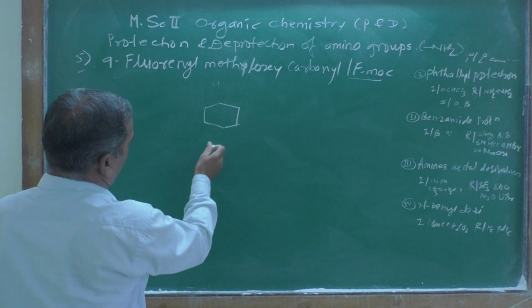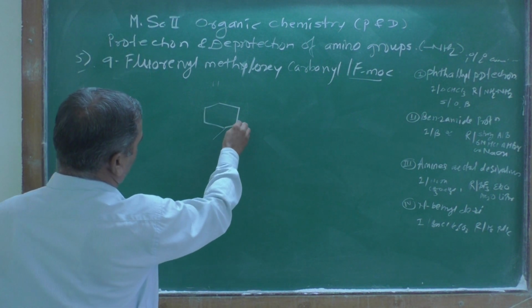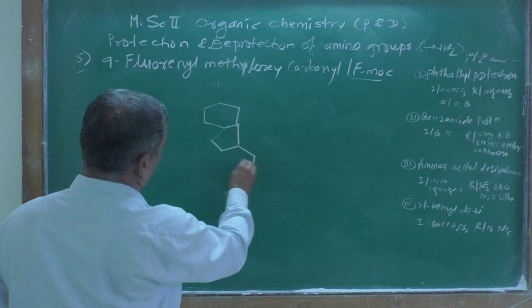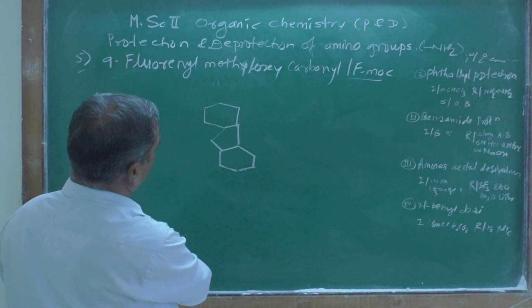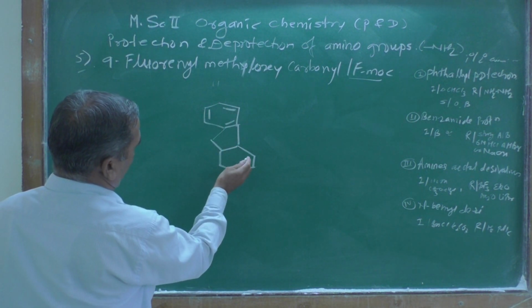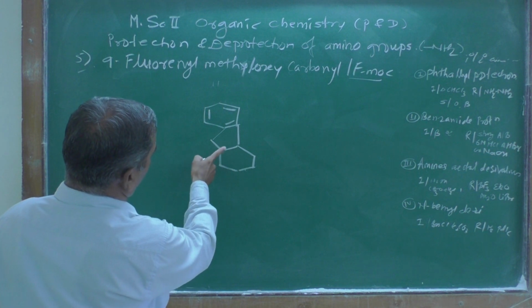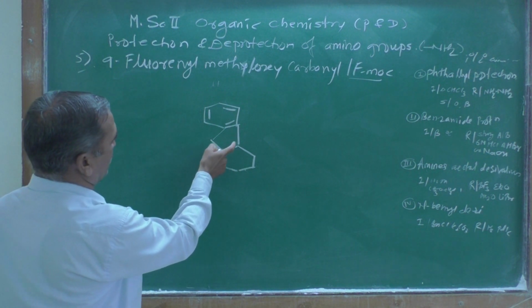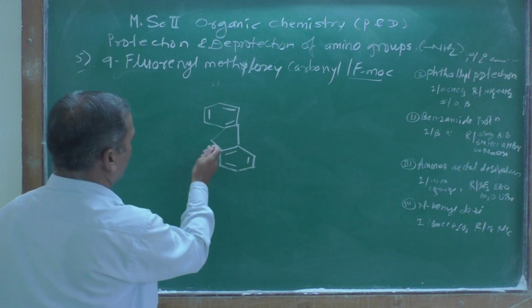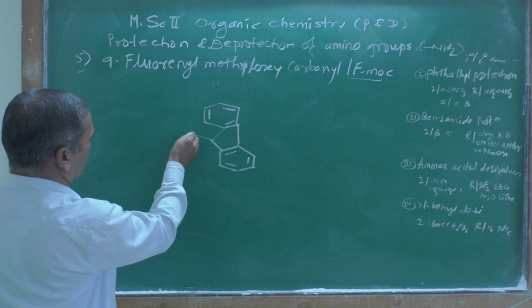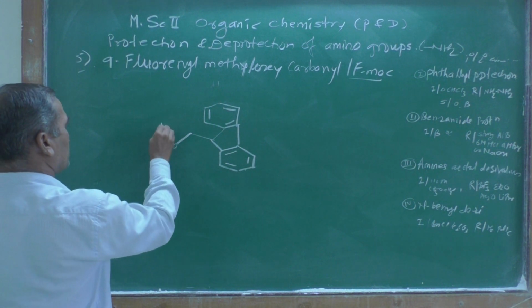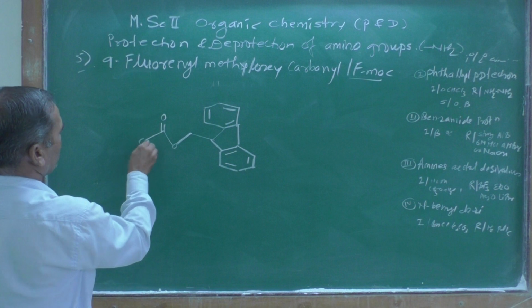The structure is, this is the structure. Remember the structure here. It has a 5-membered ring. Is it a 5-membered ring? 1, 2, 3, 4, 5, yes. And here this CH2, then O, then C double bond O, then Cl.